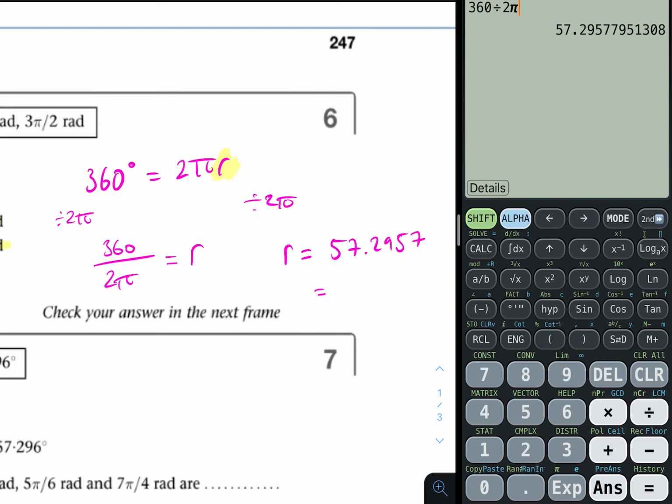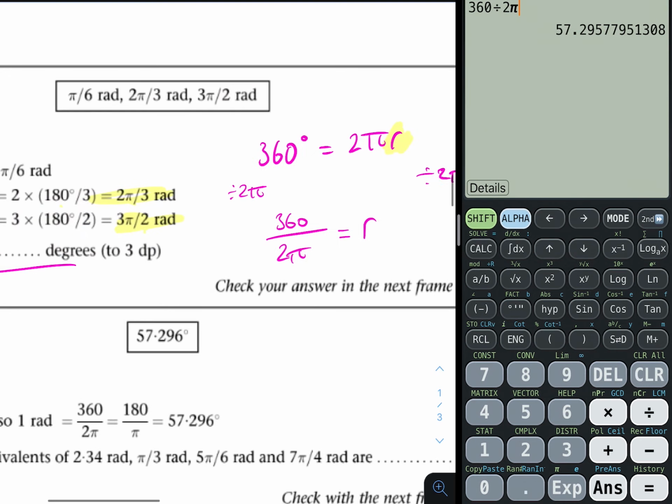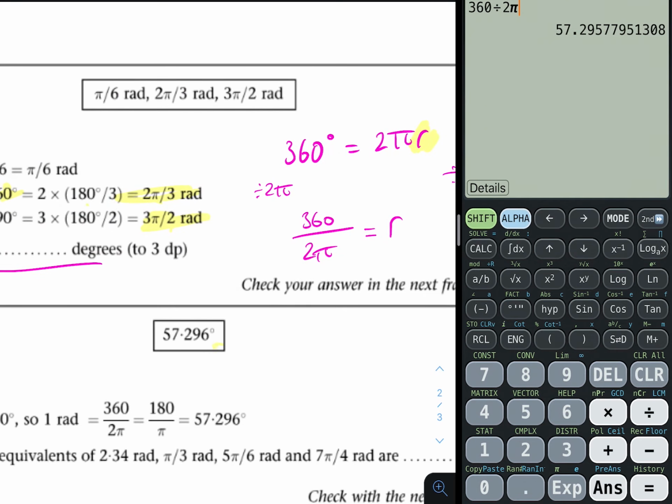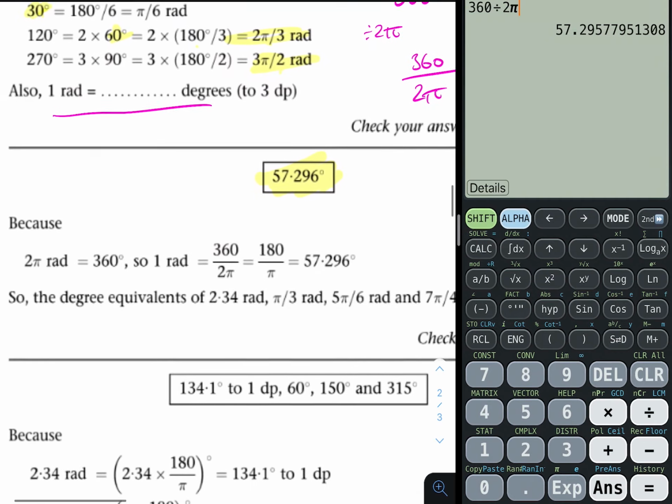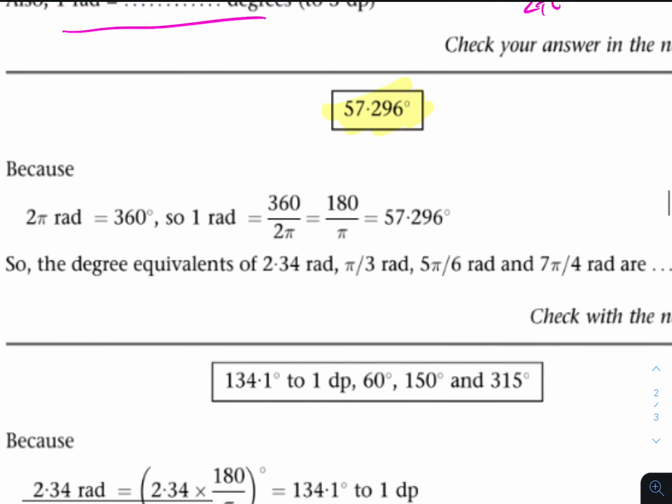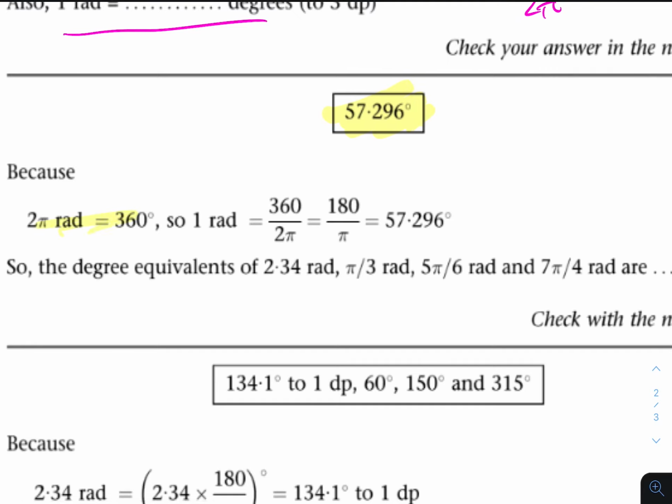They usually want it in 3 significant digits, so 57.296 is R. Let's check our answer. 57.296. Lovely. Because 2 pi radians is equal to 360 degrees, 1 radian is equal to 360 divided by 2 pi, which simplifies to 180 over pi, which is equal to 57.296.